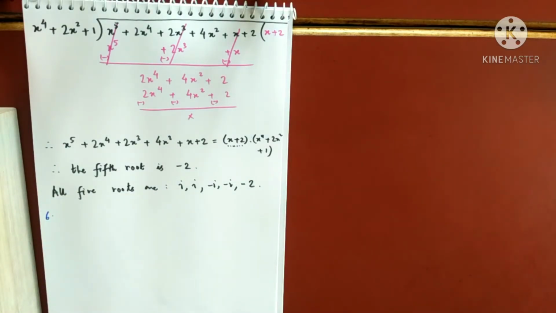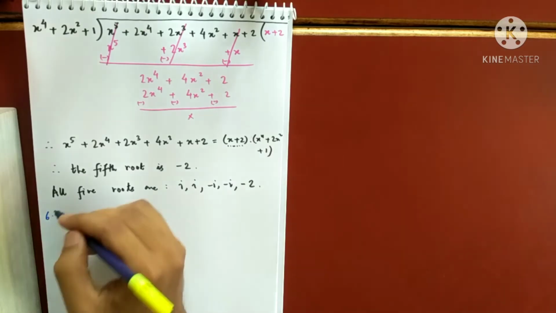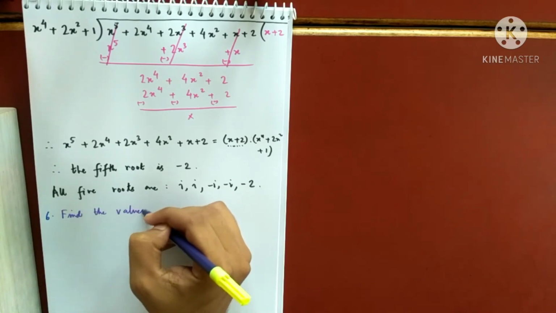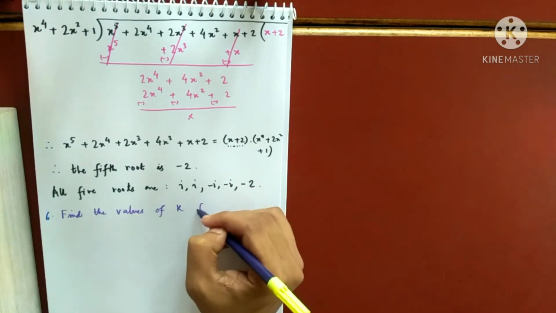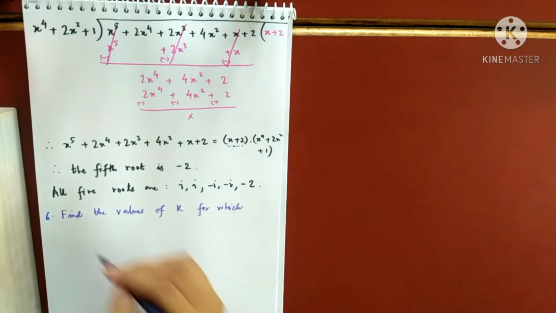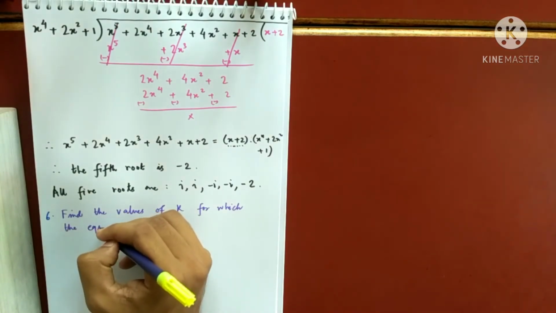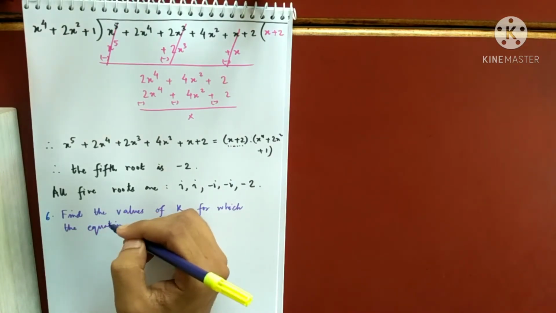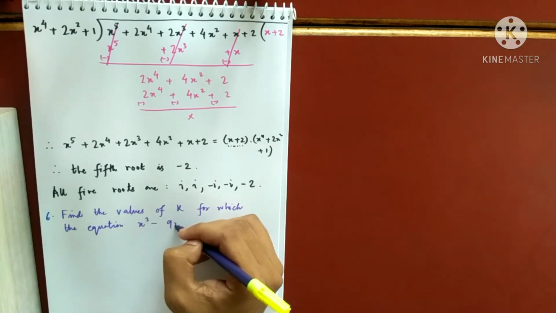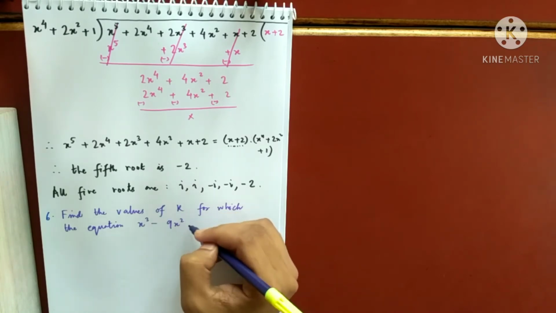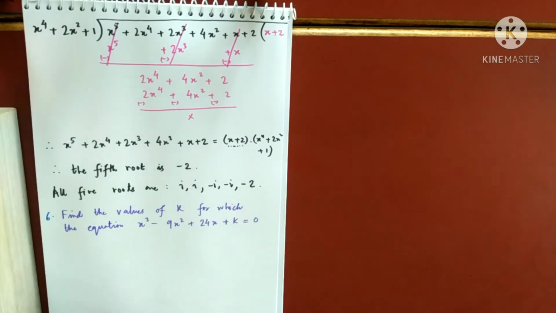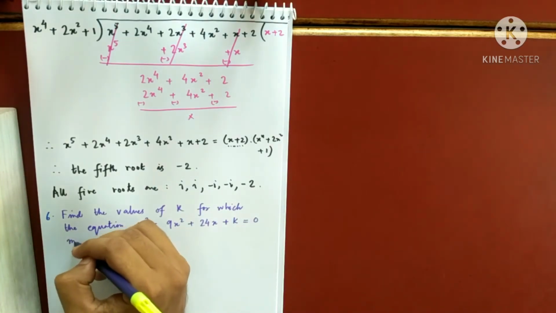So the question is this: find the values of k for which the equation x cube minus 9x square plus 24x plus k equals 0 may have multiple roots.